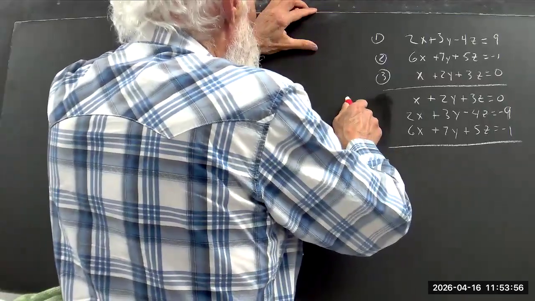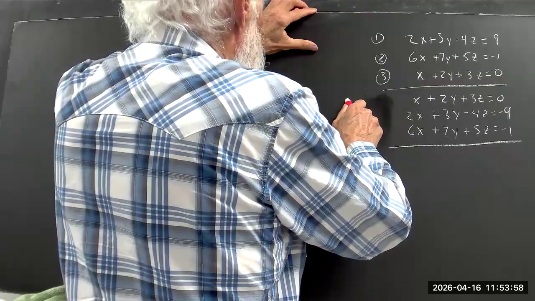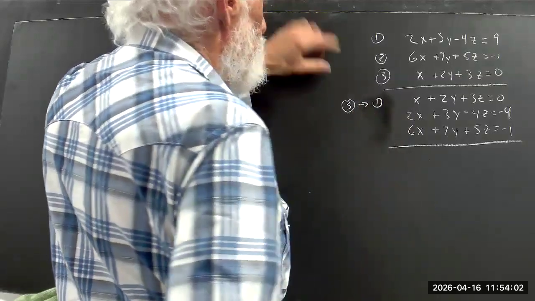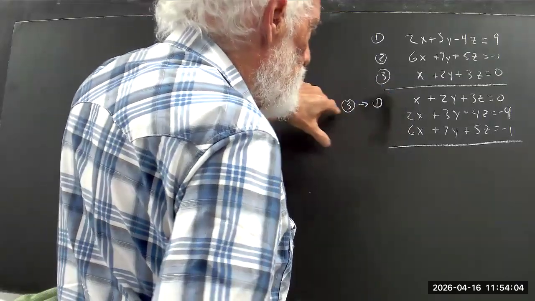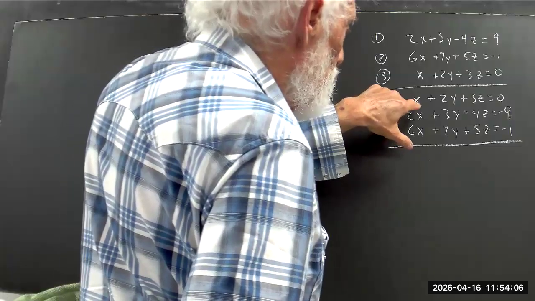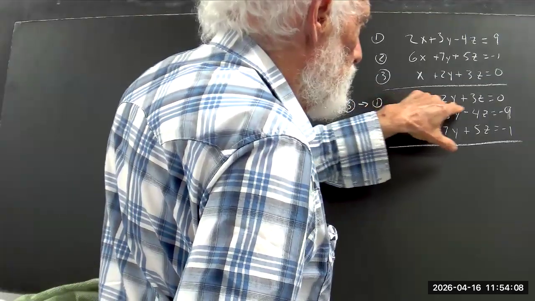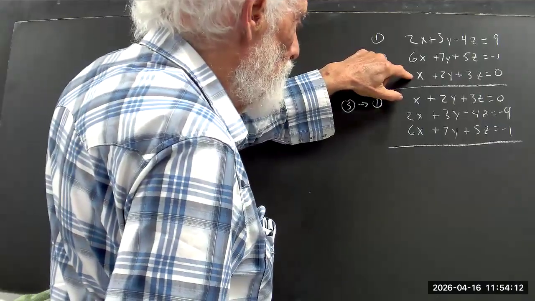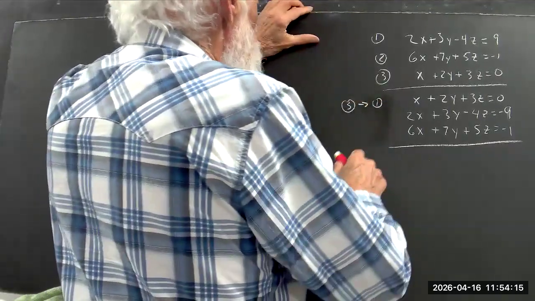So I'm going to say the third equation becomes the first equation. I've rewritten my label for the equation x plus 2y plus 3z. It was the third equation. It's now the first.